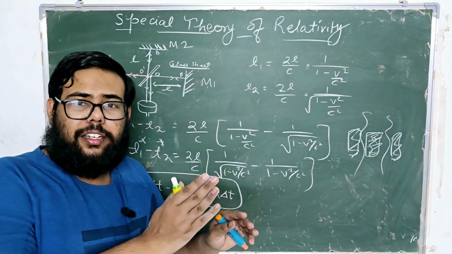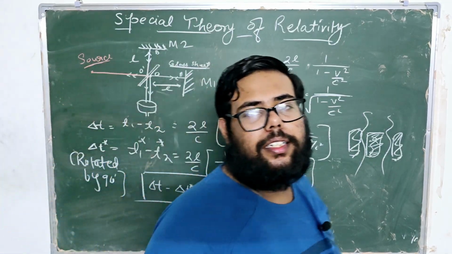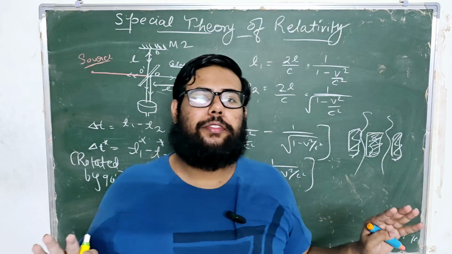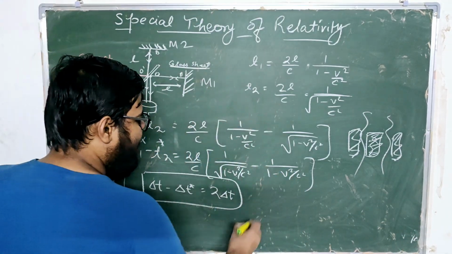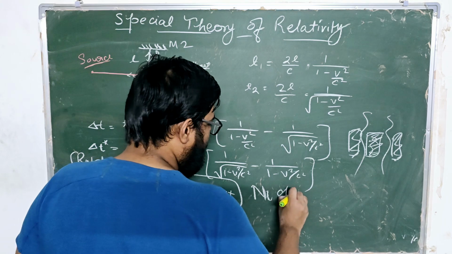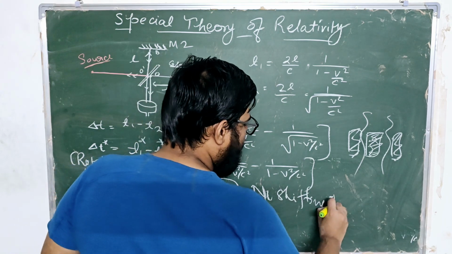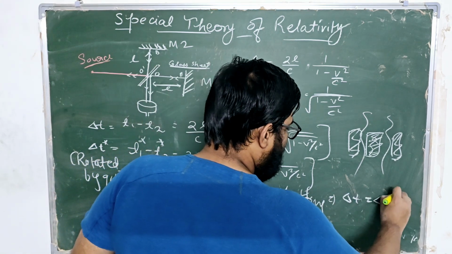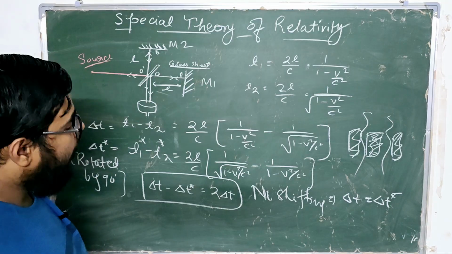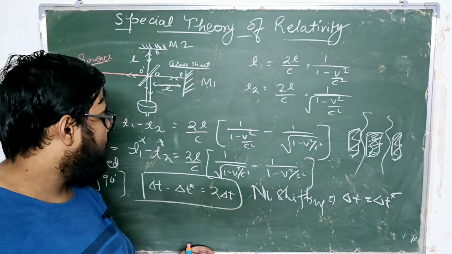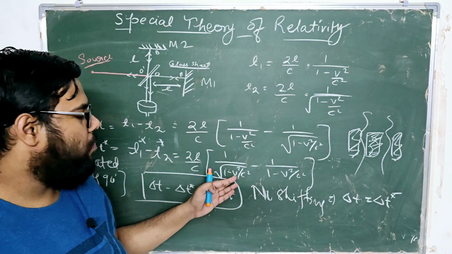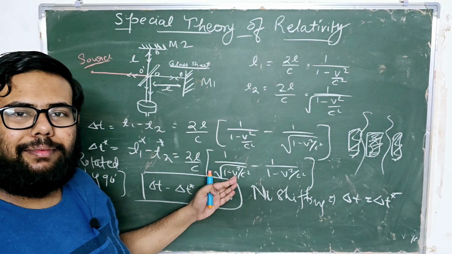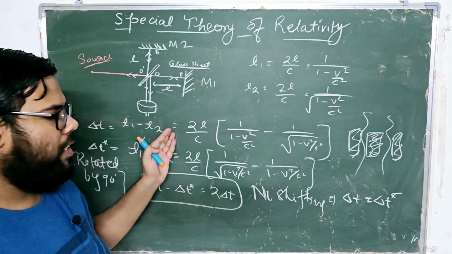It should shift. But when the experiment was done, there was no shifting of the fringe pattern, which implies delta T is equal to delta T star, and it ultimately means that the velocity V should be equal to 0. Then only these two quantities can be equal.